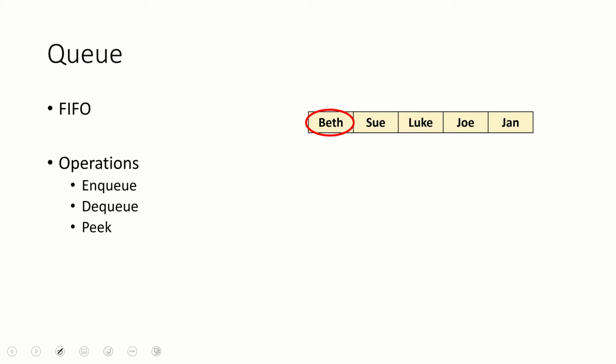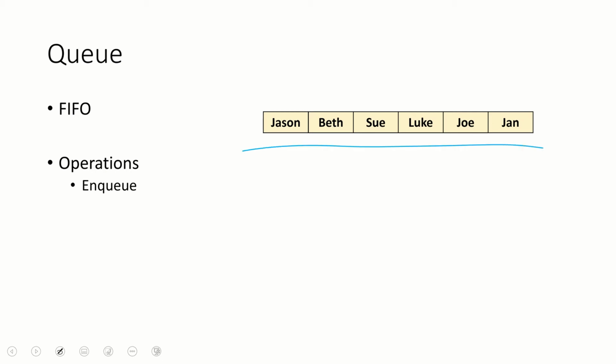So let's take a look. If we consider this as the waiting line, enqueue means we want to add one more node. Over here we add a J at the end of the line. For dequeue we want to remove.